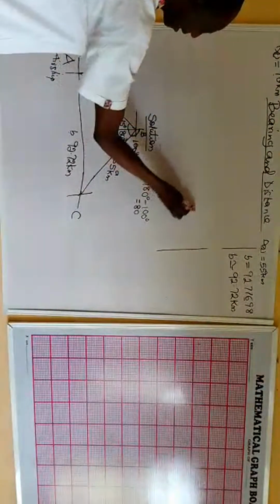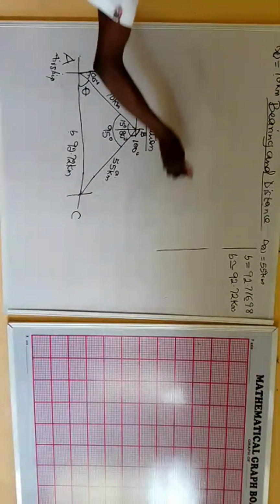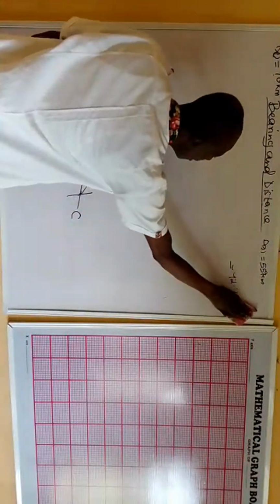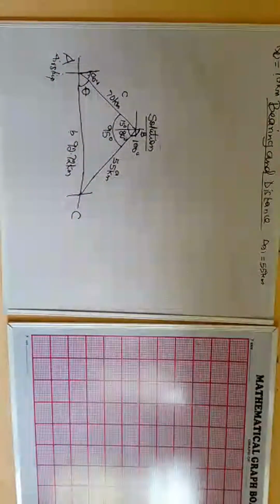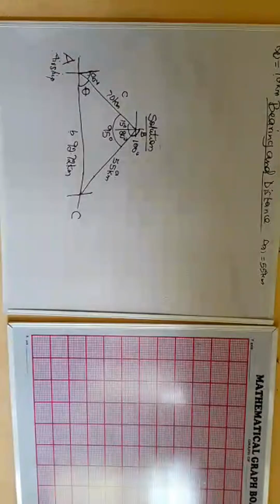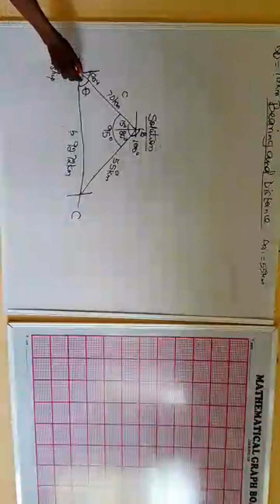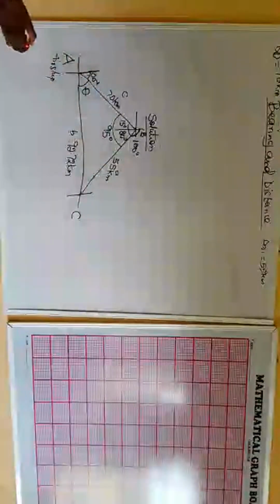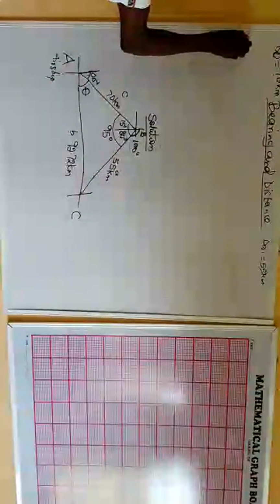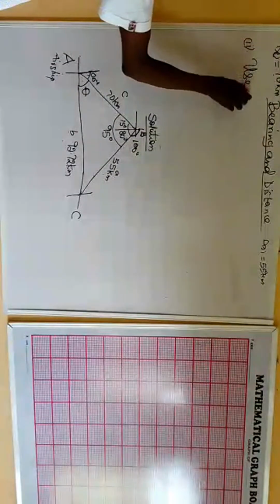I told you if your diagram is not correct, your working will not be correct. Now, if you are asked to find the bearing of the airship, this b is given to you. We are looking for A, and the other angle is given to you. So for Roman figure 2, we are going to use the sine rule.